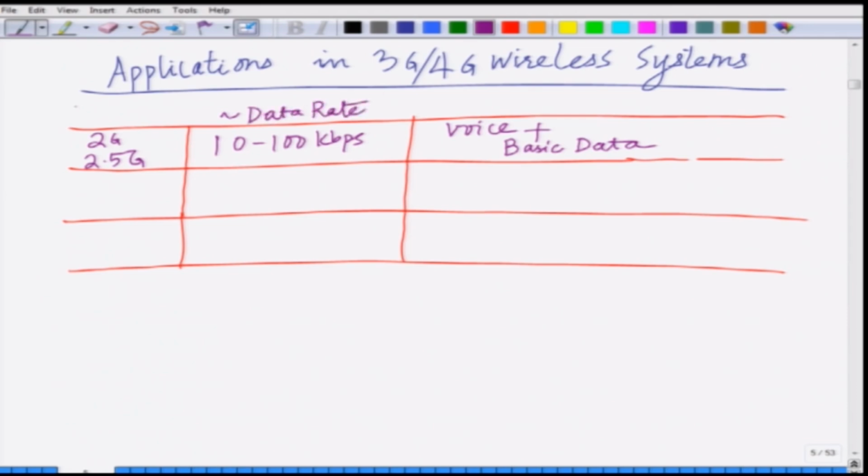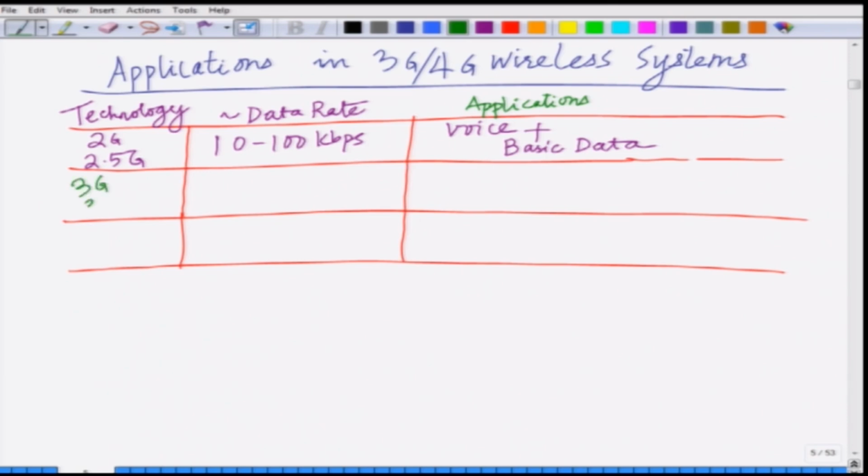So the first column is the technology or the generation of the technology, the second column is the data rate, the third column is the applications that are possible, and we are saying in 2G and 2.5G, which has a data rate around 10 to 100 kilobits per second, some voice and basic data access are possible.